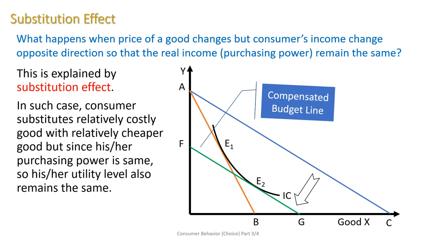According to them, the shifting should be so much that the new budget line should pass through the old chosen bundle. That is, the new budget line should pass through E1. However, we shall stick to what J.R. Hicks suggested.